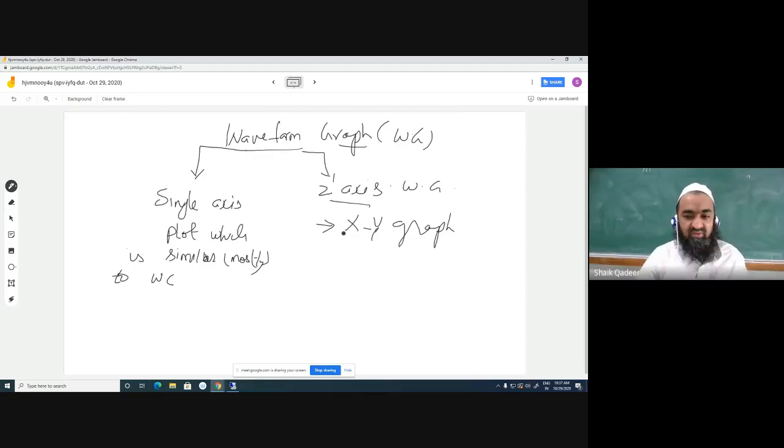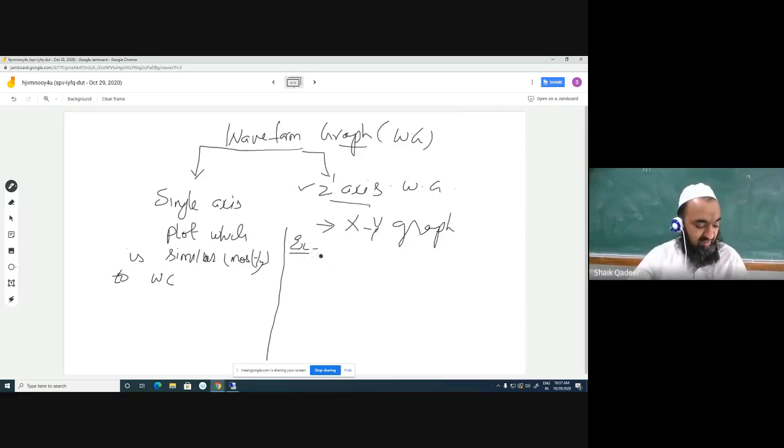So in order to demonstrate the use of waveform graph, that is two axis, I'm taking the help of an example. This is a very interesting example.